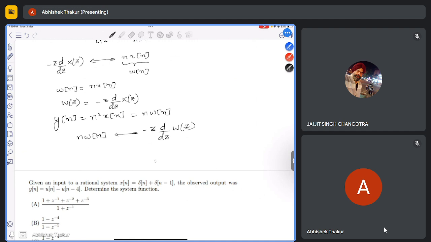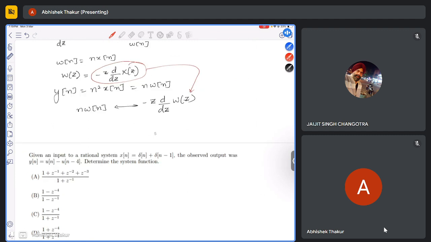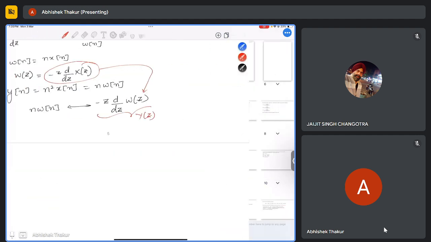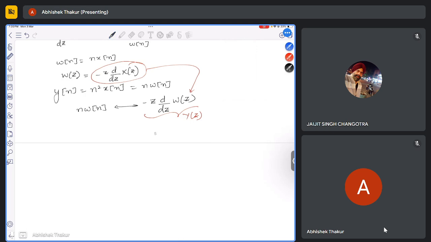Okay, so now we will substitute this W(z) here. So what we will get as an answer: Y(z) is equal to minus z times the derivative of W(z). W(z) is minus z d/dz X(z).